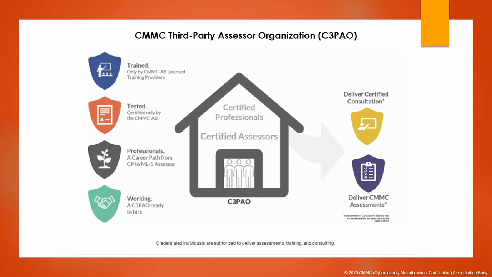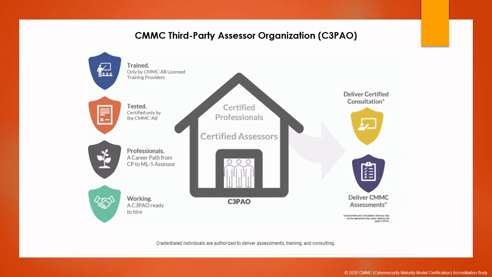The reason for this is because organizations within the DIB or Defense Industrial Base were performing self-assessments and were actually claiming to be DFARS compliant without fully understanding the security controls and how to properly safeguard that CUI or controlled unclassified information within their information systems.